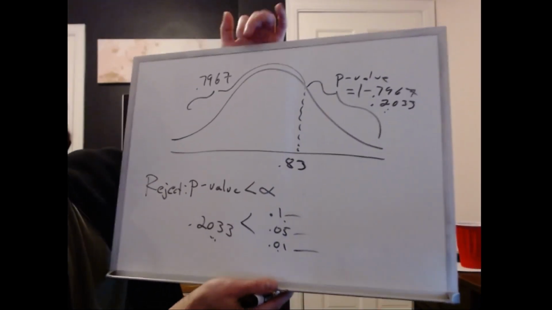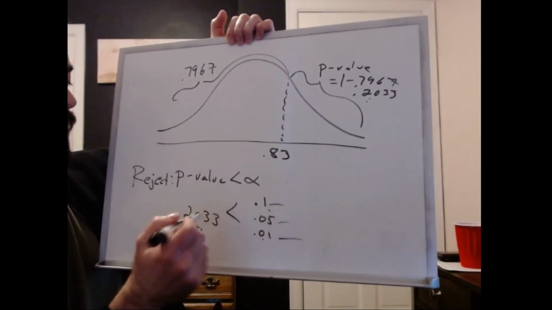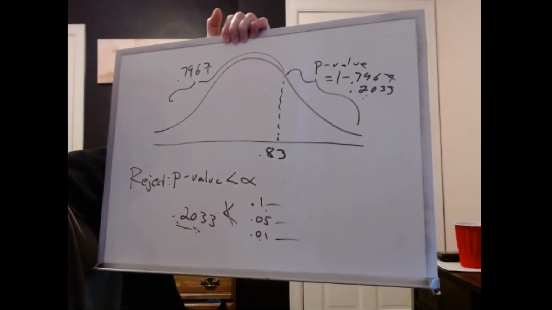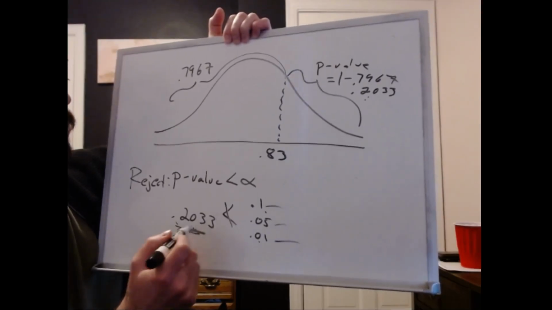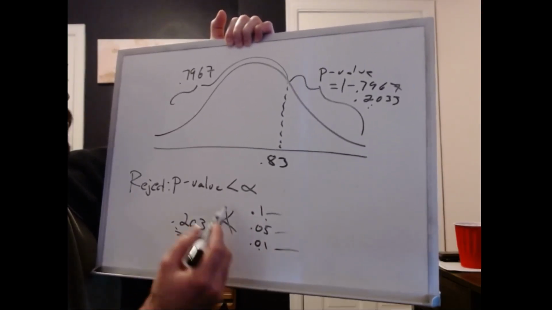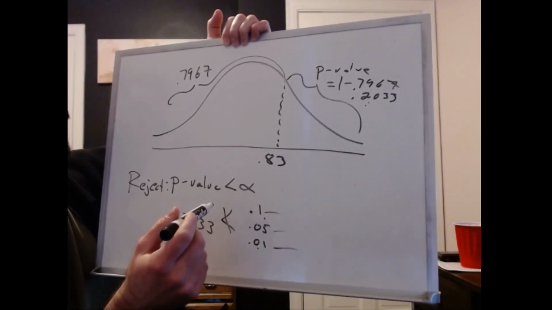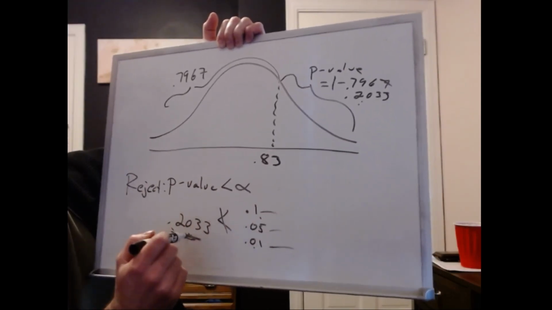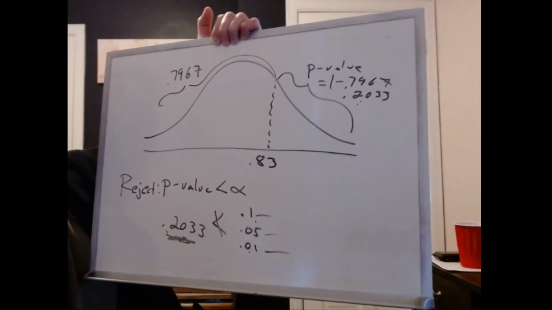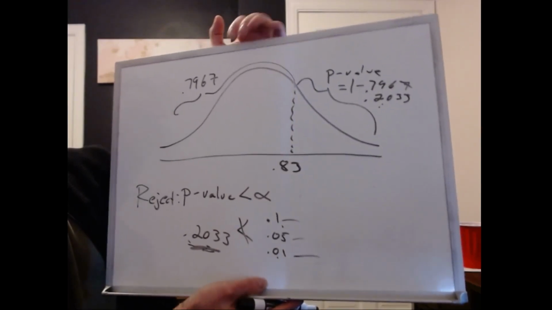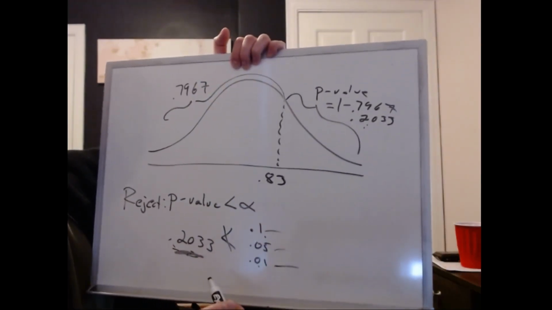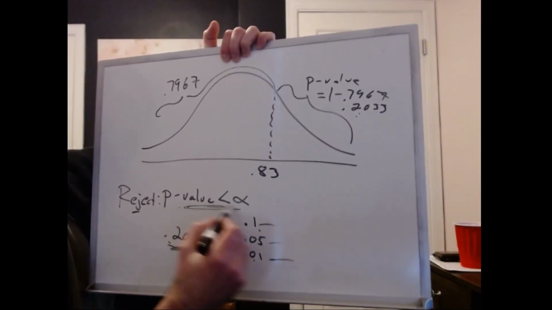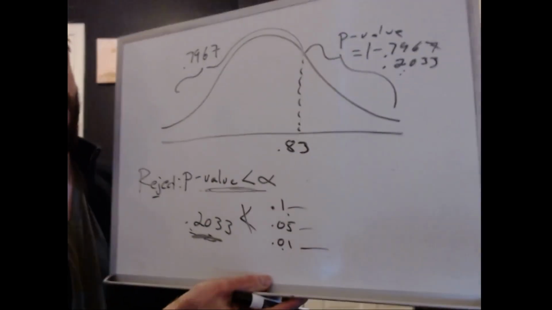Actually, I fail to reject at all levels, because this clearly is not less than these. I only reject if my p-value is less than these three values, and at 0.2033 it's not less than any of them. Sorry, I think I misspoke earlier. I was thinking about what we would do if it were true. But in fact, the actual p-value we had was much larger than all three of these. So our p-value is not less than our alphas, and we fail to reject. The only way we reject is if this is true. Sorry for saying that backwards.